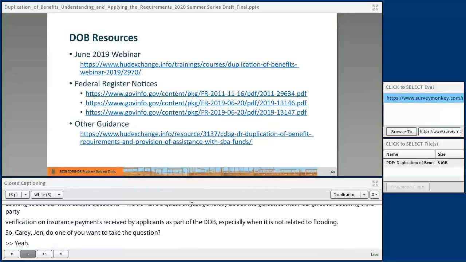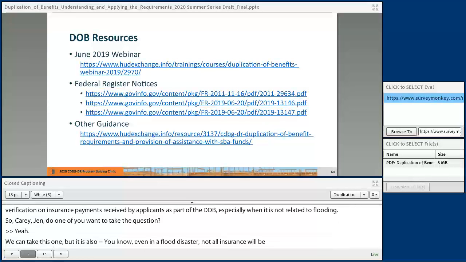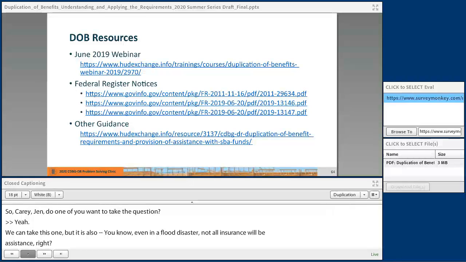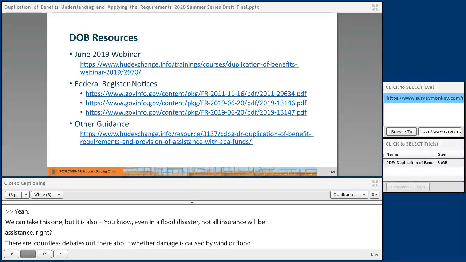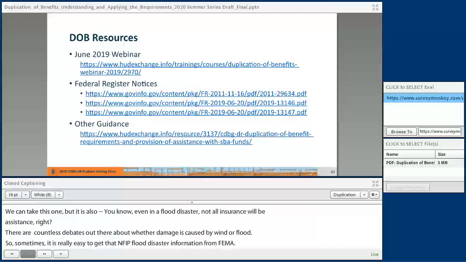There are countless debates out there about whether damage is caused by wind or flood, and so sometimes it's really easy to get that NFIP flood disaster information from FEMA. But there are all kinds of other insurance payments that might be received by your applicants. And this is a really common question, and it's a challenge, right?